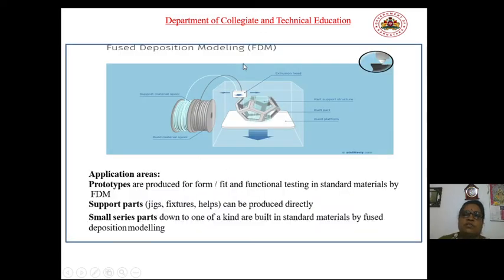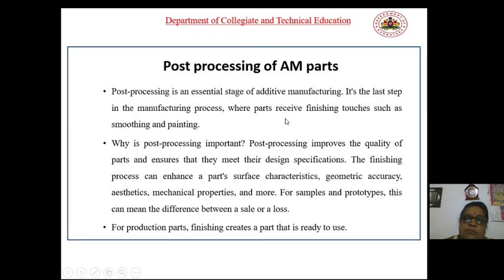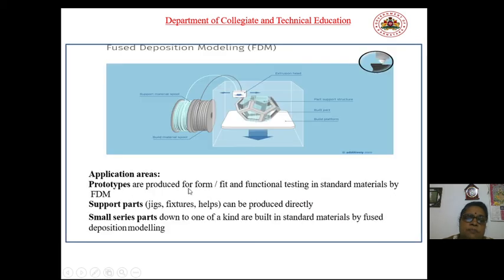So this is the actual fused deposition modeling and its application areas, as I told earlier. Some of the application areas: we are using it for prototypes.